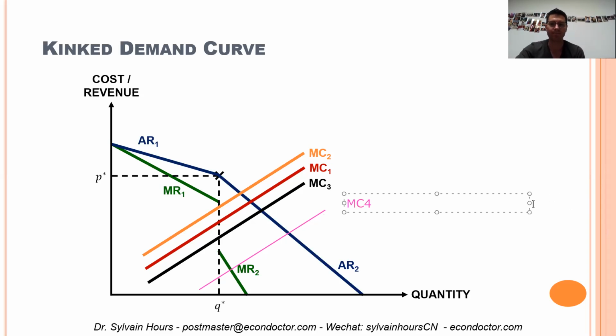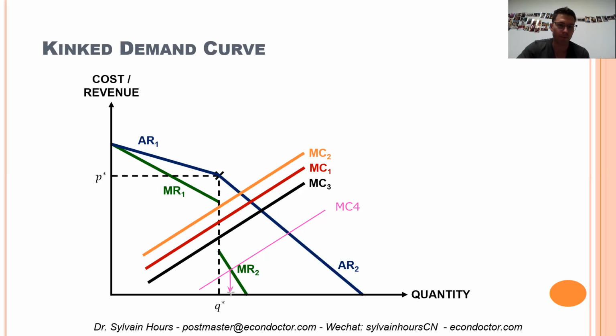Well, the firm will always produce where MC is equal to MR. So if the marginal cost is there, MC4, then the quantity at which profit will be maximized will be there.